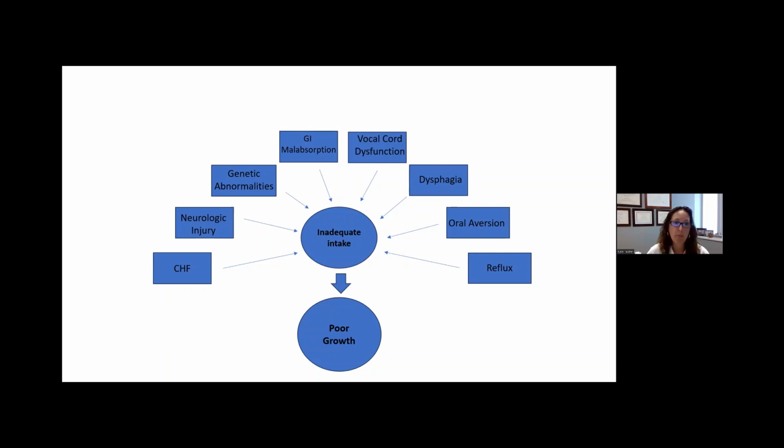You can have GI malabsorption, you can have vocal cord dysfunction, dysphagia. All of those are helped with adequate support over time. They can have oral aversion due to prolonged mechanical ventilation. They can have neurologic injury from their cardiac defect and potentially from the surgery that they needed, and going on bypass sometimes can lead to adverse outcomes.